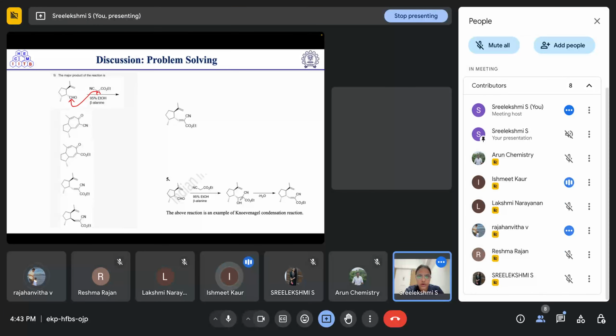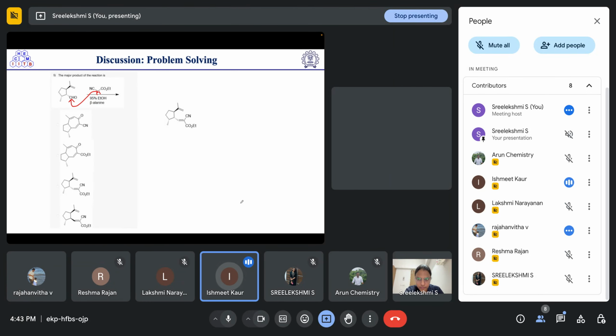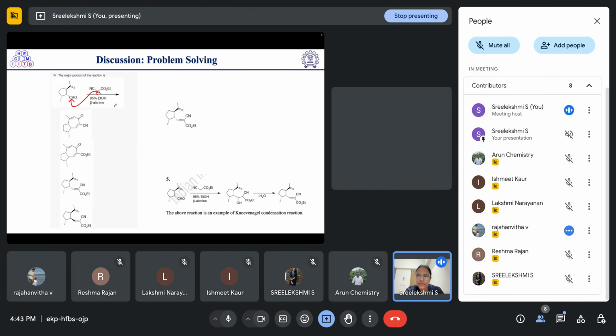Ma'am, is this also an active methylene group? Yes, because cyanide is also strongly electron withdrawing, and here also an ester group is there. So first that addition will be giving this intermediate, and then here one proton is there that will go along with this OH minus, one molecule of water will be eliminated to give this compound.